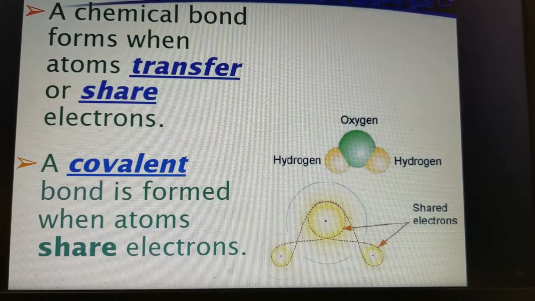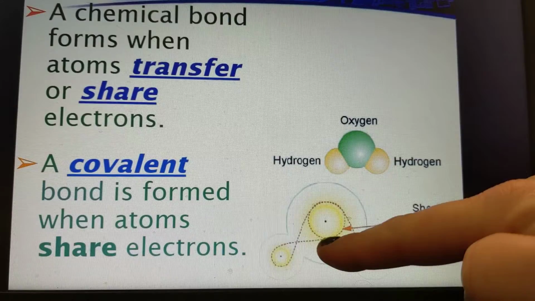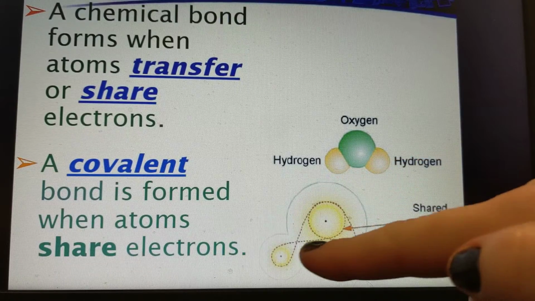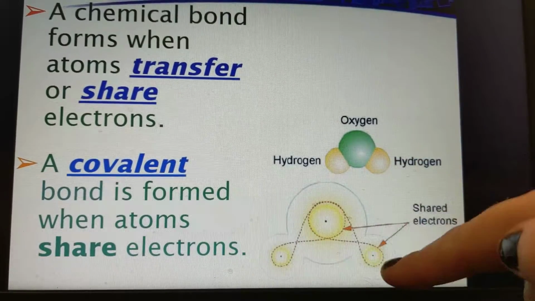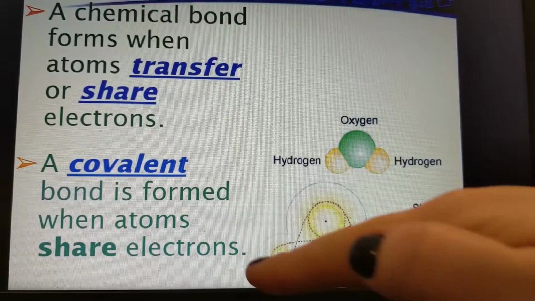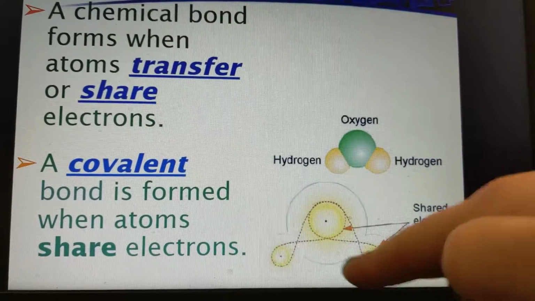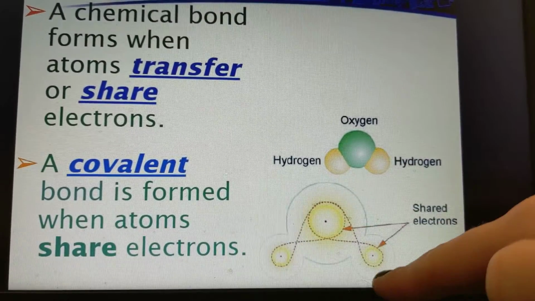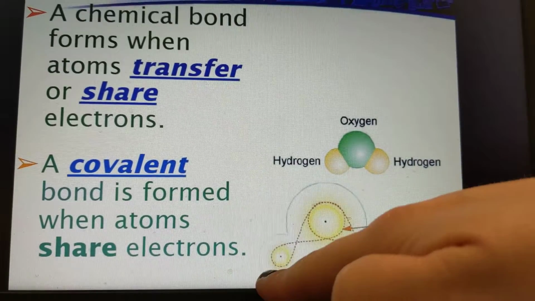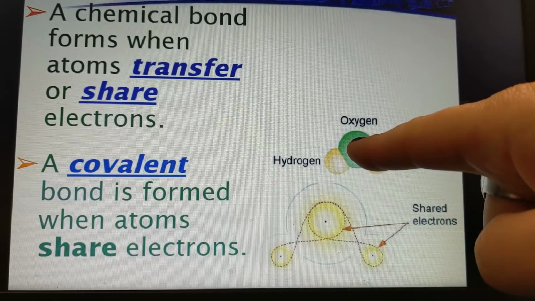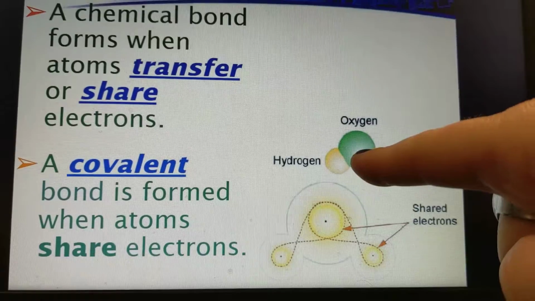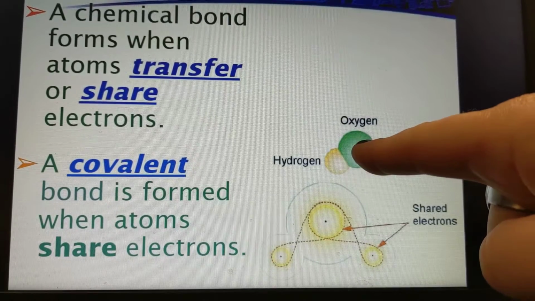And the water molecule that we looked at a moment ago works that way. Hydrogen has an atomic number of just 1, so it has 1 proton, which means 1 electron for each of the 2 hydrogens. So 1 electron, 1 electron. Oxygen, on the other hand, has 8 total protons, so 8 total electrons.